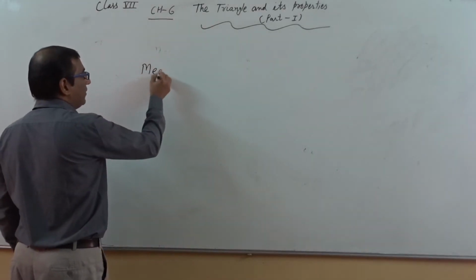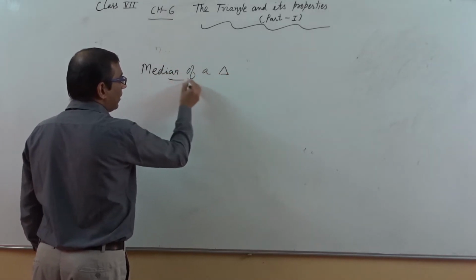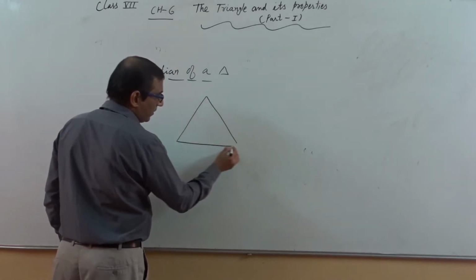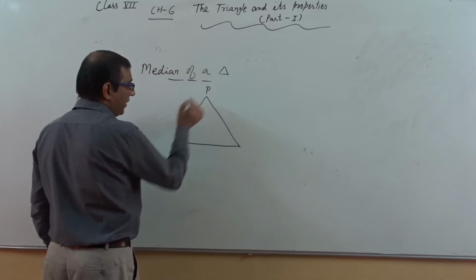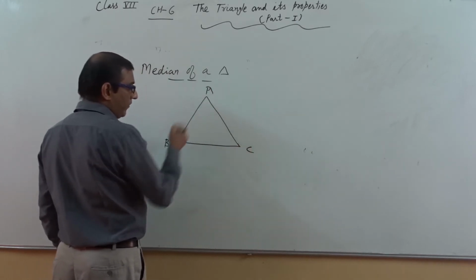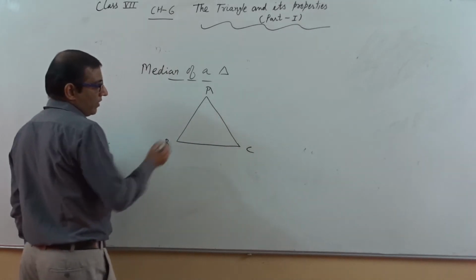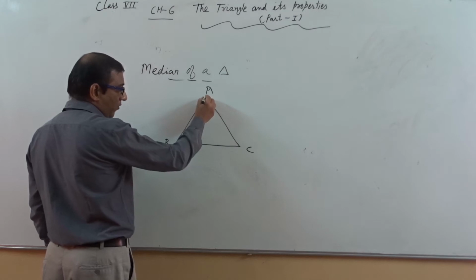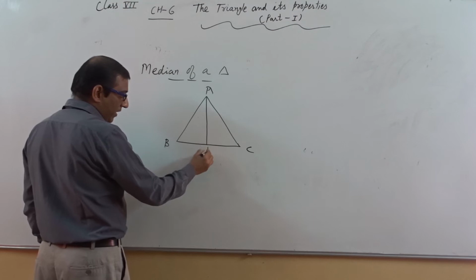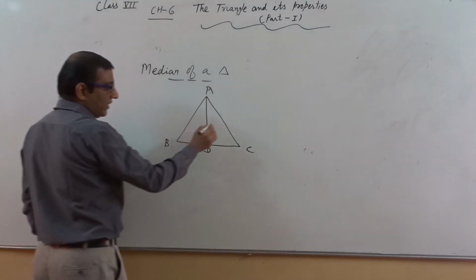Now the next concept is median of a triangle. So again I will make one triangle. This is triangle P, or you can say ABC, with 3 vertex, 3 sides and 3 angles. And if I draw one more line segment here and I will mark here D, then we can say AD is the median.